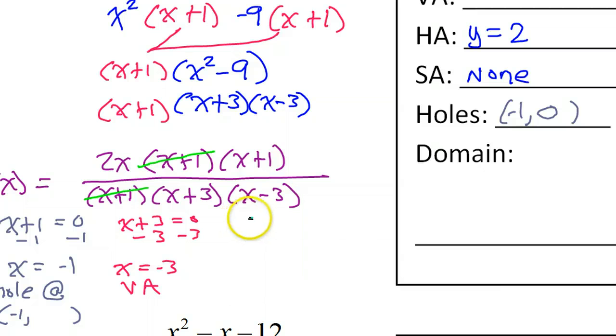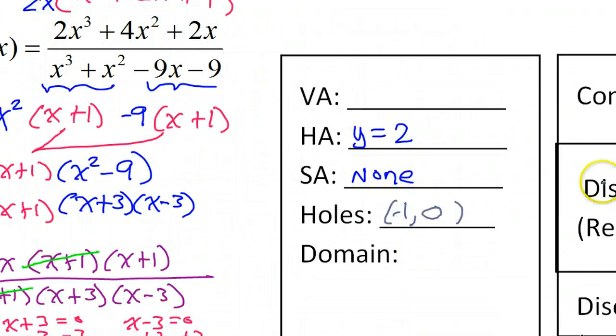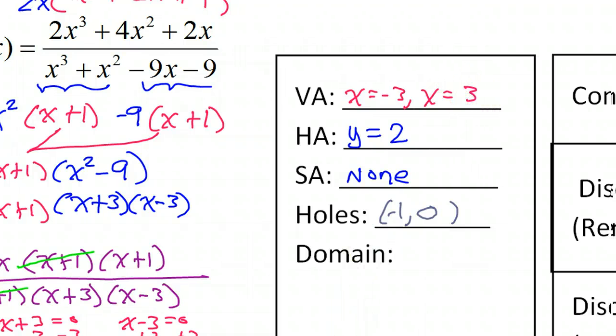If I set x minus 3 equal to 0, I'm going to add 3 to both sides. That'll give me x equals positive 3. That's a vertical asymptote. So x equals negative 3, x equals positive 3. Make sure that you put x equals. Don't just put negative 3 and positive 3.